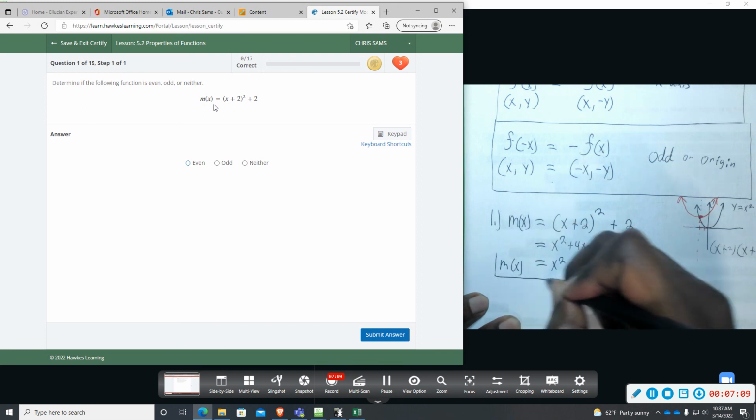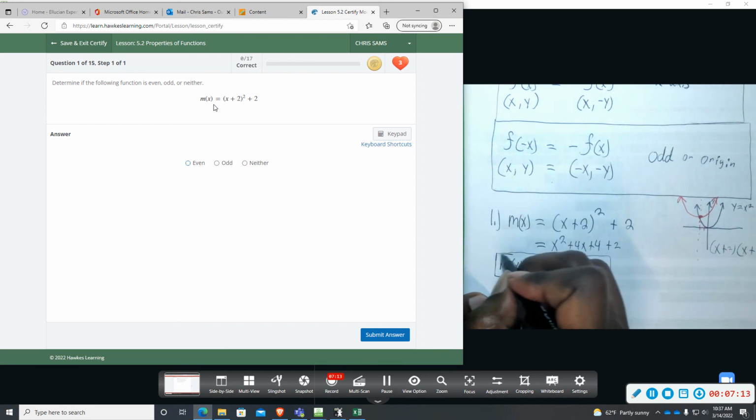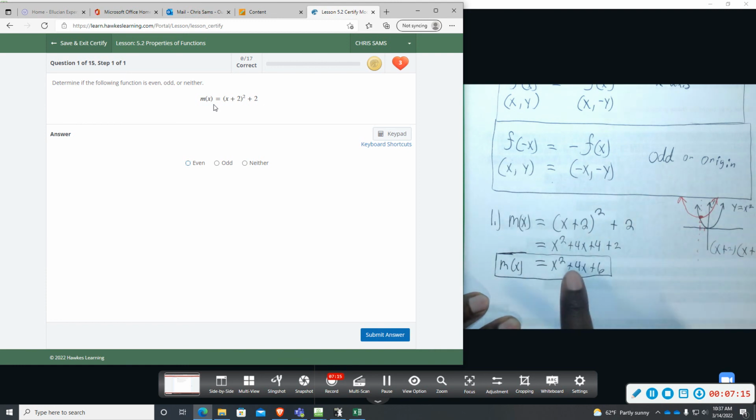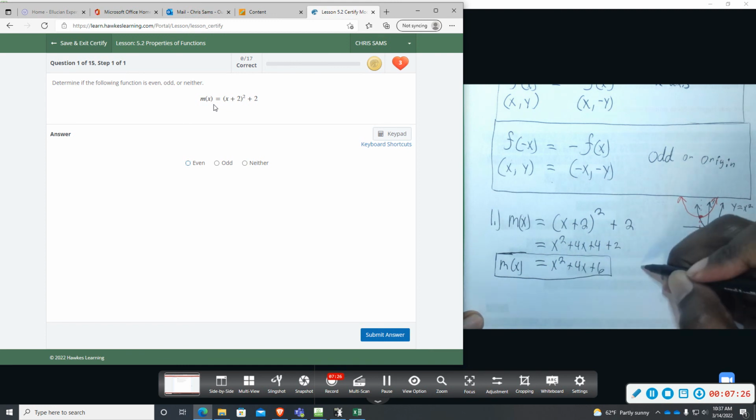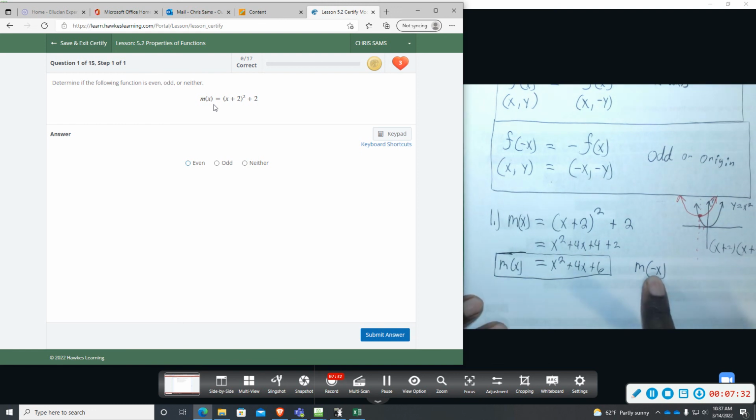Okay, so this is what that's equal to when we simplify it. And you really need to understand and be able to see it as simplified, because when we change this, it won't look the same. So now we're going to do m of negative x. And what that means, I'm going to replace the x in here with the negative x.